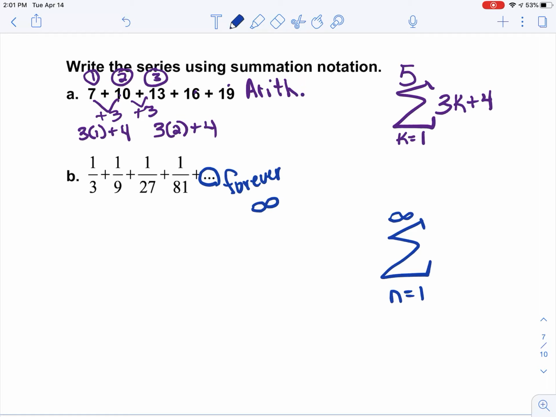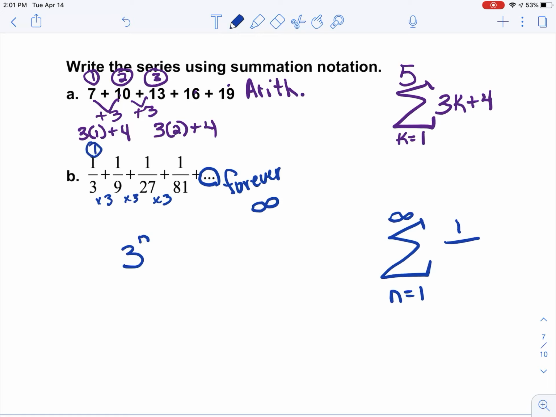We have to come up with our formula. Okay, so I like the top. I know it's going to be 1 over. And now what's happening to the bottom? Well, I'm multiplying by 3, multiplying by 3, multiplying by 3. So I know that's going to be 3 to the n power.